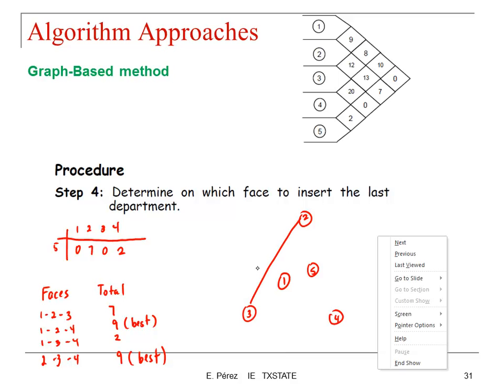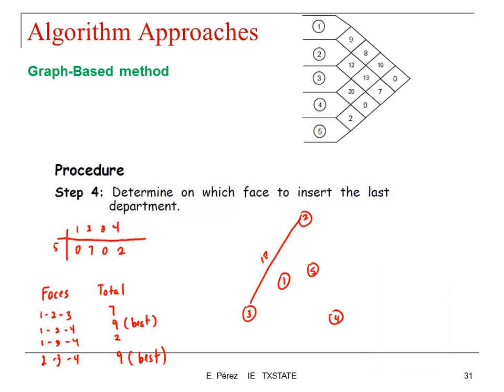So we have 12, 8, 9, 13, 20, 10, 7, and 2.